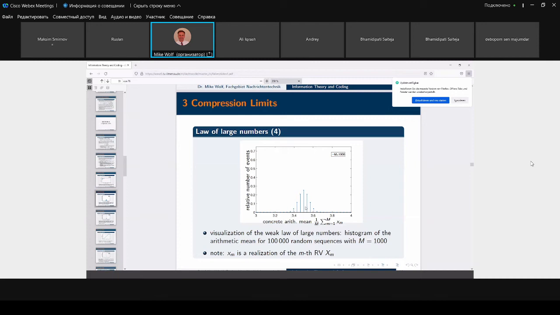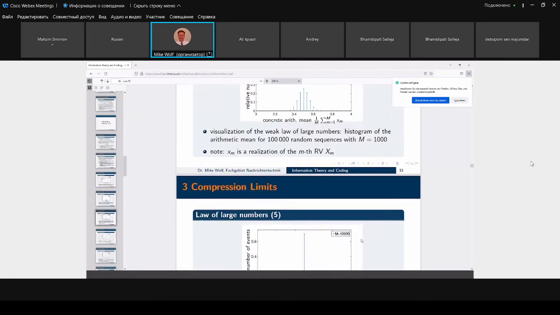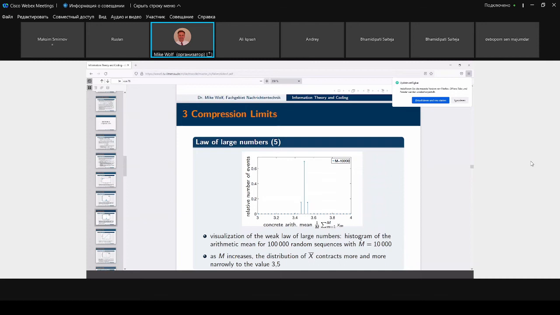And now I repeated this experiment with a higher sequence length, let's say 10,000, and then it looks like this. You see, there are almost no cases for this sequence length of 10,000 where the arithmetic mean is larger than, let's say, 3.55 or so.